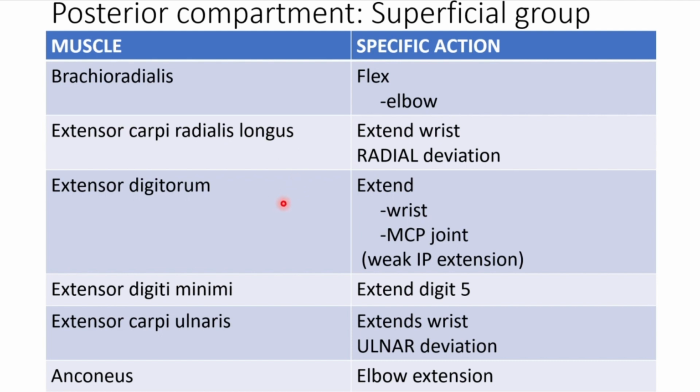Extensor digitorum extends the wrist and the metacarpophalangeal joints and weakly extends the interphalangeal joints. Extensor digiti minimi extends the fifth digit, also referred to as the pinky.